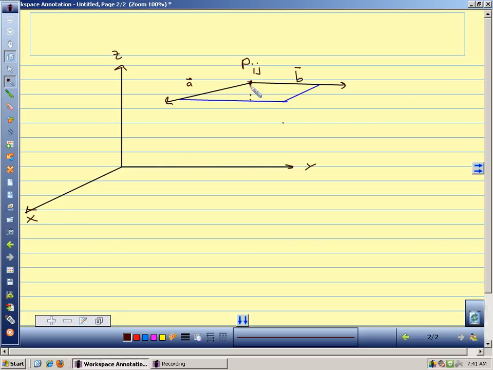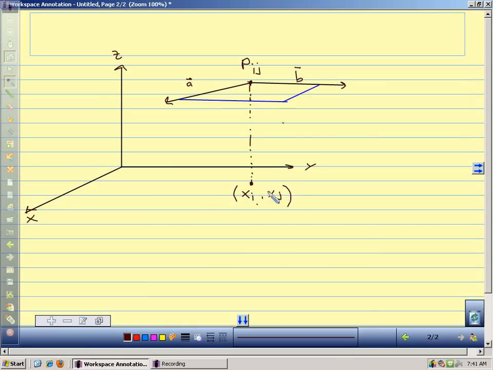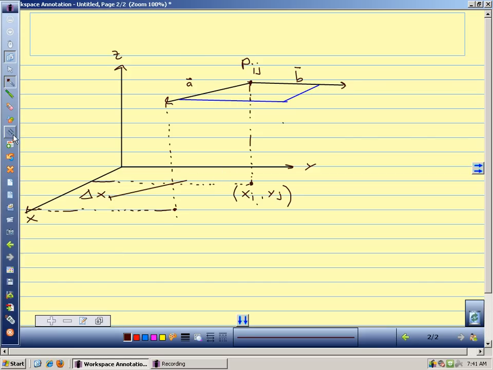And we're going to project this down into the plane again. And this is the point x sub i, y sub j. And if I project this down and I go over here, and I project this over onto the x-axis, this distance is delta x sub i. And same thing if I go towards the y-axis.